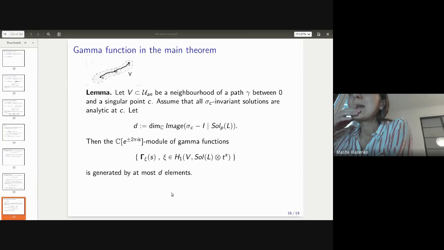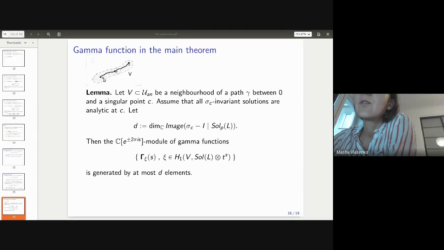Now, let's go back to the situation of Frobenius constants, to the situation of our main theorem, when we have a singularity at 0 and a reflection point singularity at c. Well, I don't assume it to be a reflection point for the moment, just two singularities, 0 and c, and some path going in between.